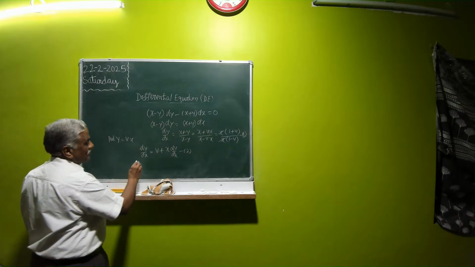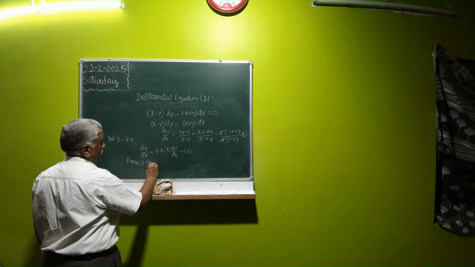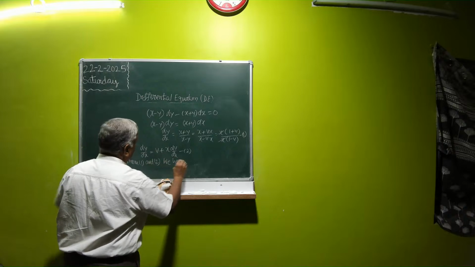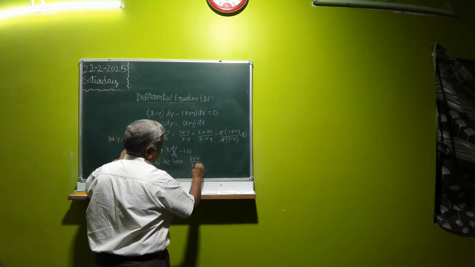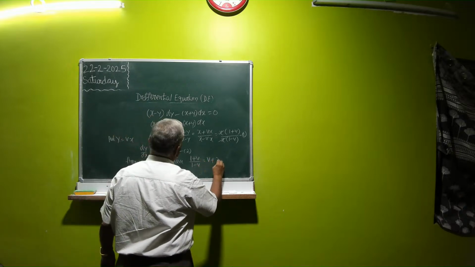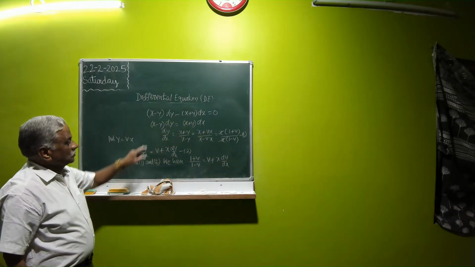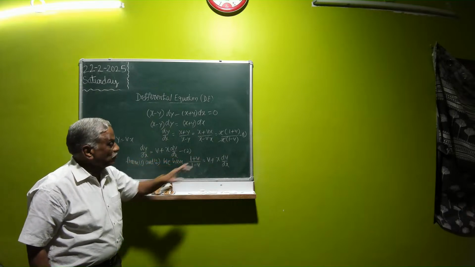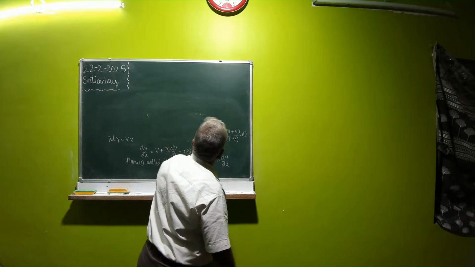Same procedure from 1 and 2. We have, instead of dy by dx, I write (1 plus v) over (1 minus v) is equal to v plus x dv by dx. So dy by dx is equal to this expression, also equal to this expression. Now we need to simplify this.